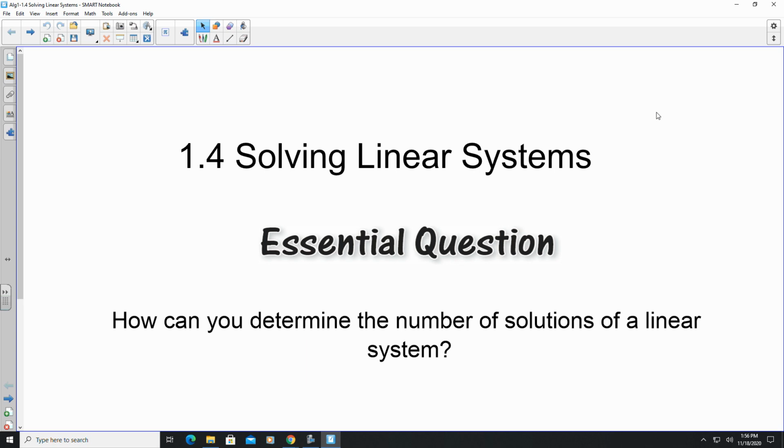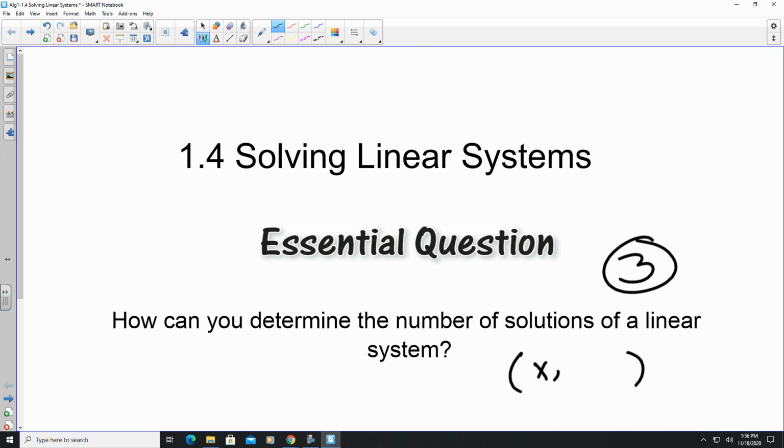Since we're looking at systems that have three unknowns, we need three equations in order to solve them, which means we are going to get what is called an ordered triple. So your answers are going to be in x, comma, y, comma, z form.